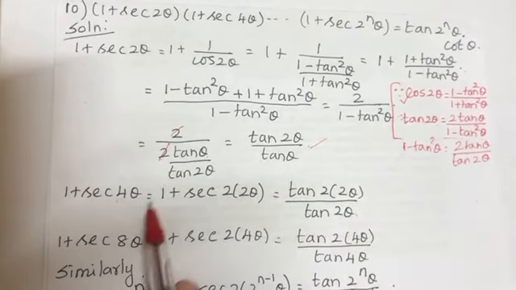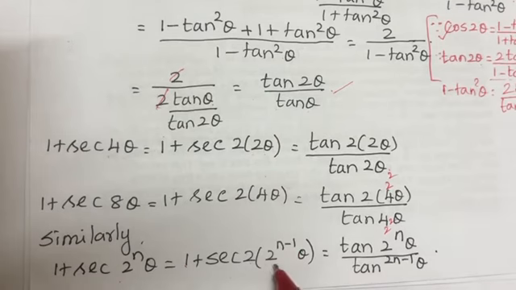So, similarly, while simplifying like this, I get 1 plus secant 2 per n theta is equal to 1 plus secant 2 into 2 per n minus 1 theta. இல்லையா, இங்கே 2க்கு இங்கே 2 square, 2 cube அப்படியே போய் 2 per n minus 1 theta. That is equal to tan 2 per n theta divided by tan 2 per n minus 1 theta.